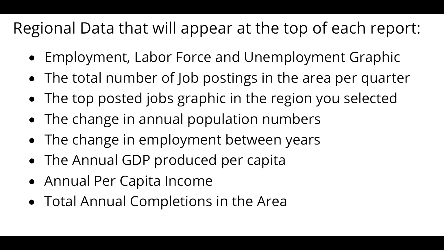Employment, labor force, and unemployment graphic, the overall number of job postings in the area per quarter, the top posted jobs graphic in the region you selected, the change in annual population numbers, the change in employment between years, the annual GDP produced per capita, the annual per capita income, and the total annual completions in the area.